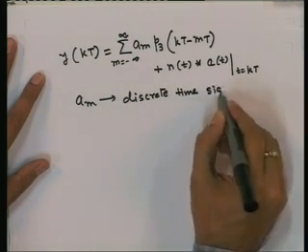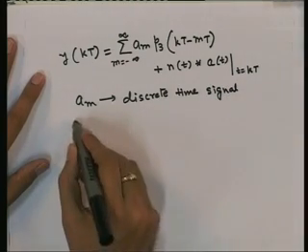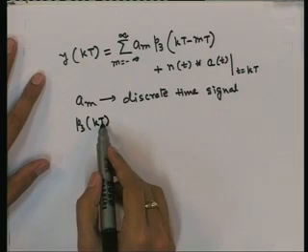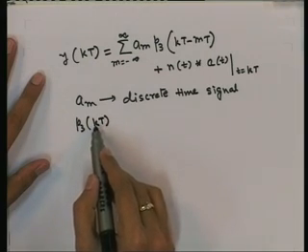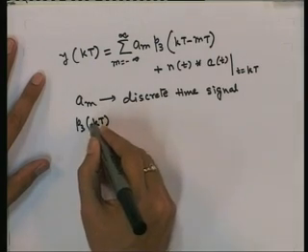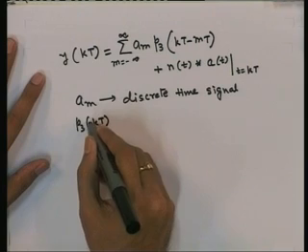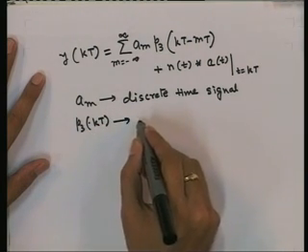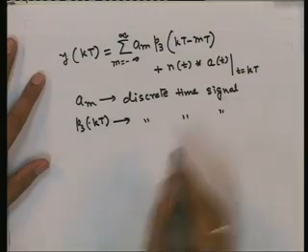And similarly P3(kT), where T is constant and you are varying only k or m, is also a discrete time sequence, a discrete time signal.